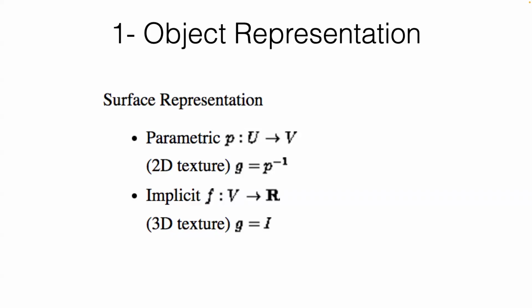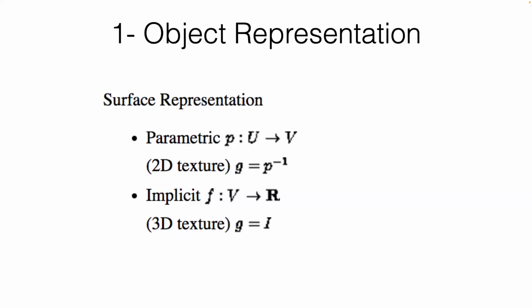And notice that the 2D texture is basically the inverse of the parametric function, because the parametric function maps points of the object to the space. For the texture, we need to do the opposite: map points from the space to the texture.